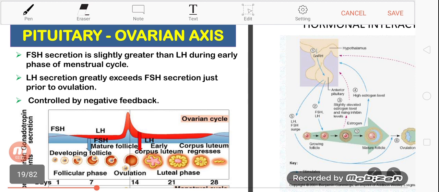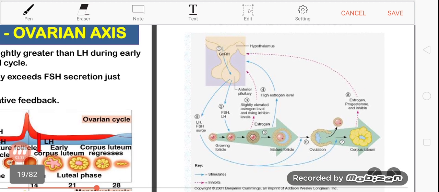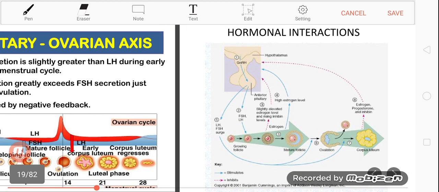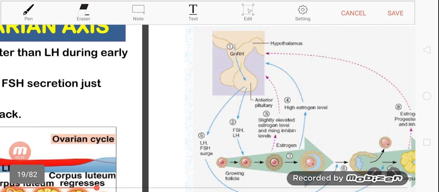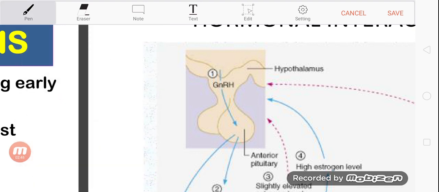The presence of certain hormones will inhibit the secretion of FSH and LH. This slide represents the overall hormonal regulation. First, the hypothalamus will secrete GnRH.